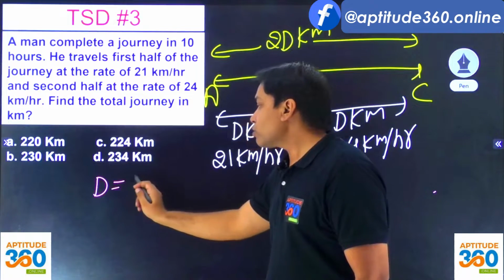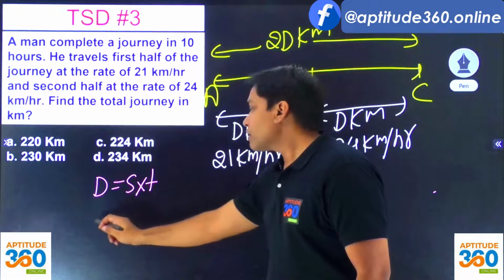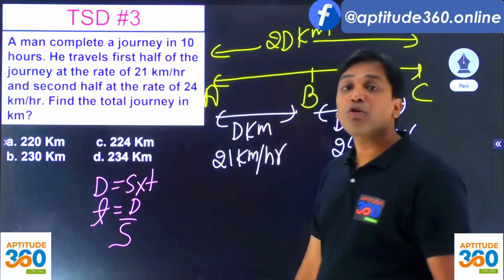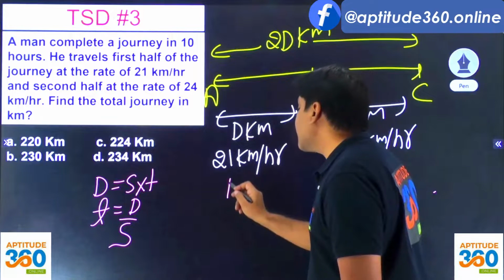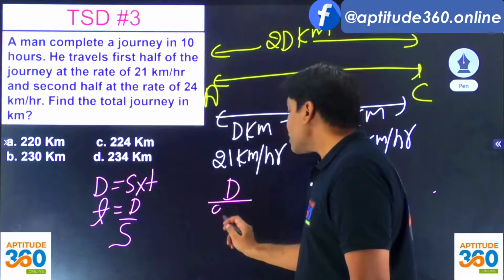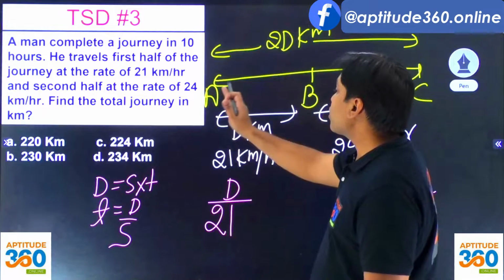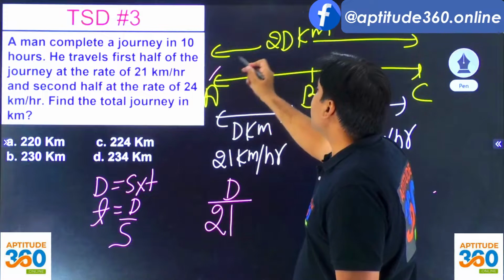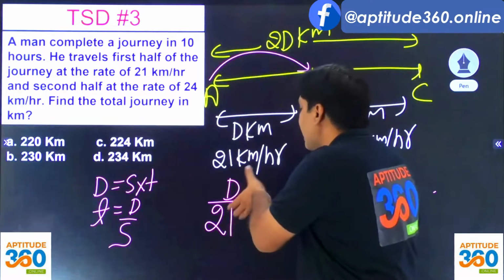Distance is equal to speed into time. So time is going to be how much? Distance upon speed. So distance we know from A to B, it is d kilometers. What is the speed? It is 21. So do not you think that this is going to be time taken by the man in order to reach from A to B, and this is in hours.